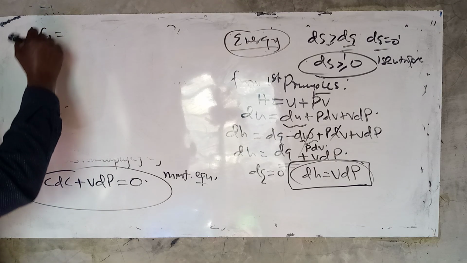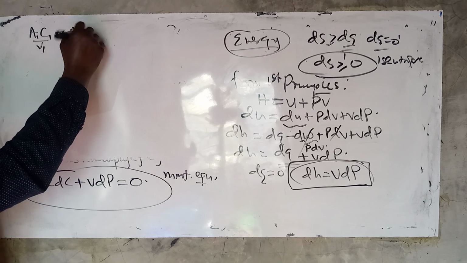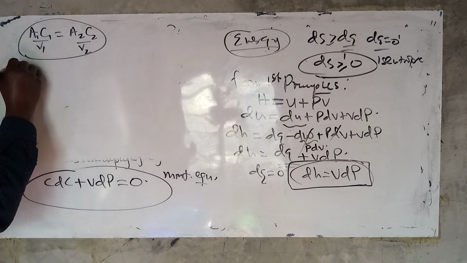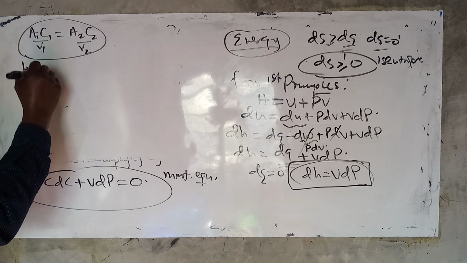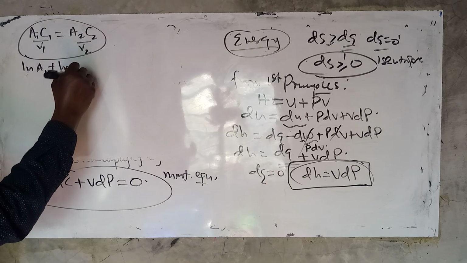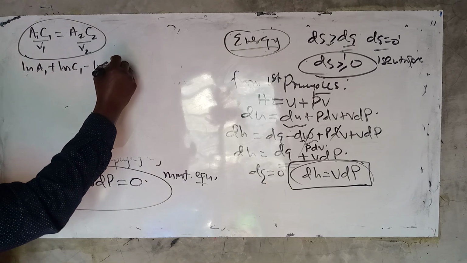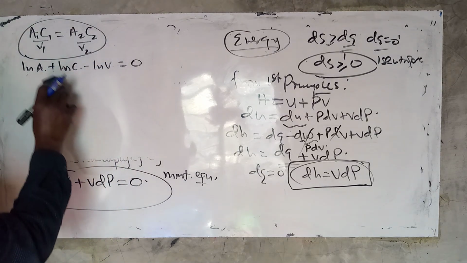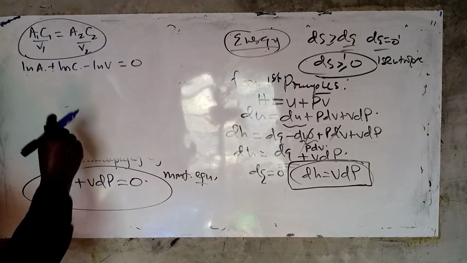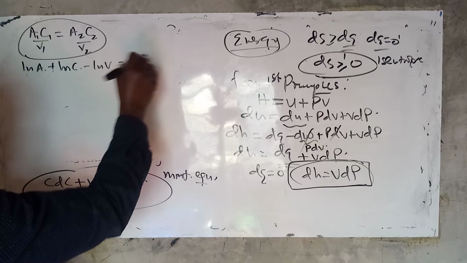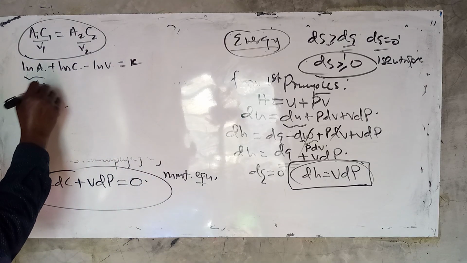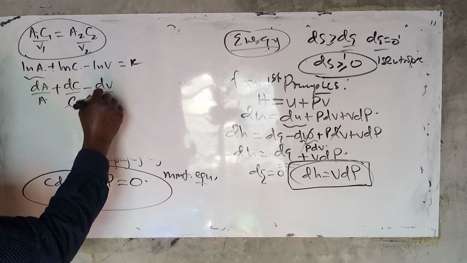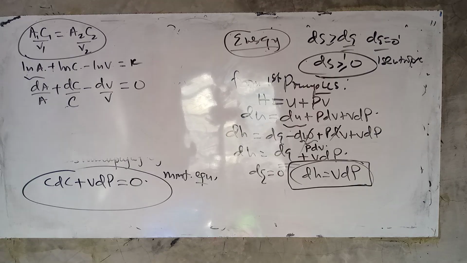is equal to A1C1 over V1 is A2C2 over V2. And we said that you could write that in the logarithmic form, that is natural log of A1 plus natural log of C1 minus natural log of V1. That would be a constant. So we don't have to put the subscripts. In the differential form, this is dA over A plus dC over C minus dV over V will be equal to 0.